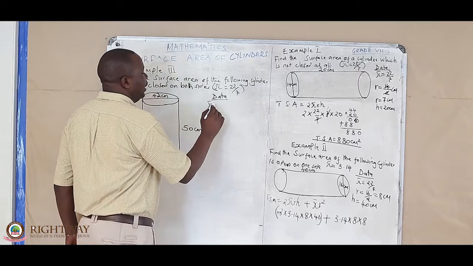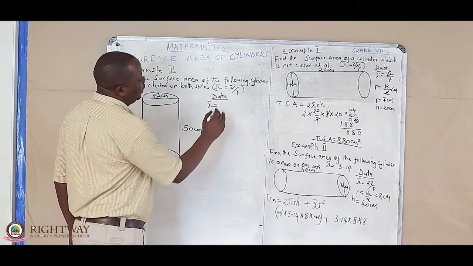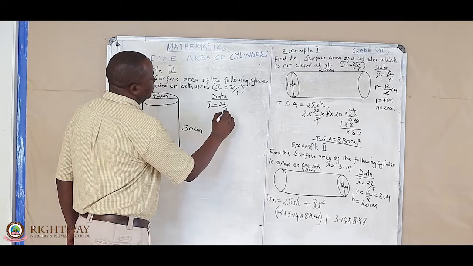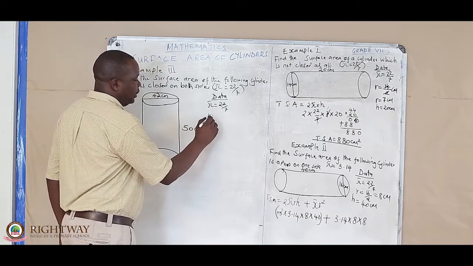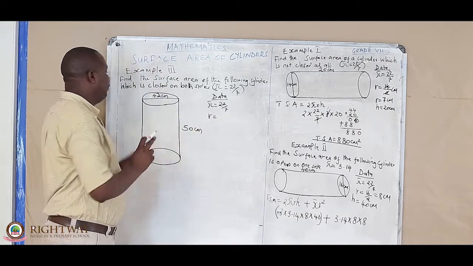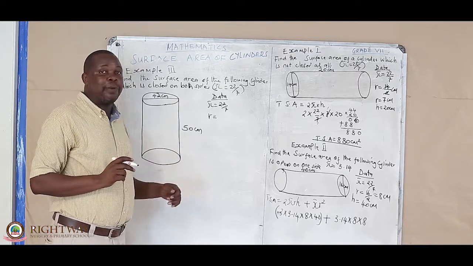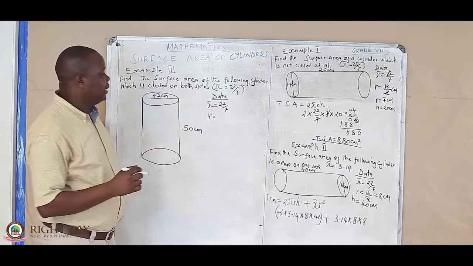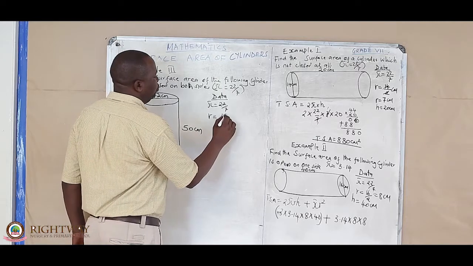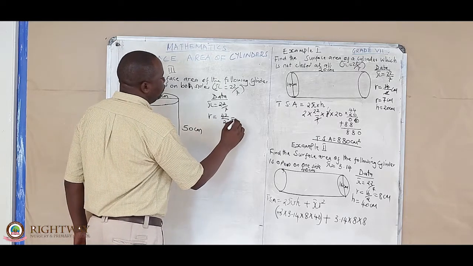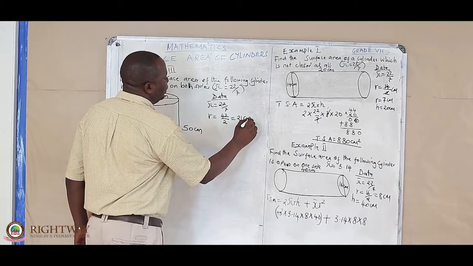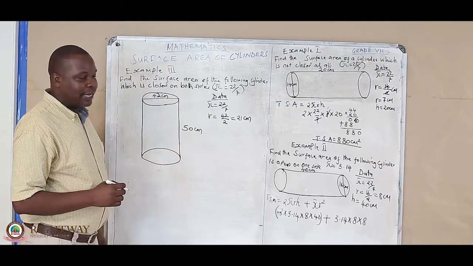You have been told the pi is 22/7. Radius, this one when it touches the circumference becomes a diameter. So the radius will be 42 divided by 2, which gives you 21 centimeters. Come to the height.